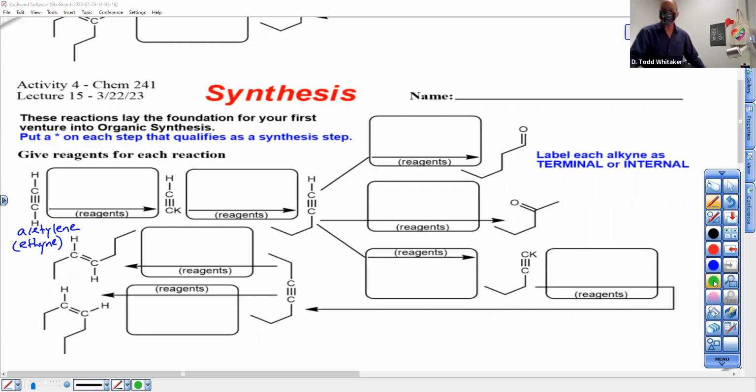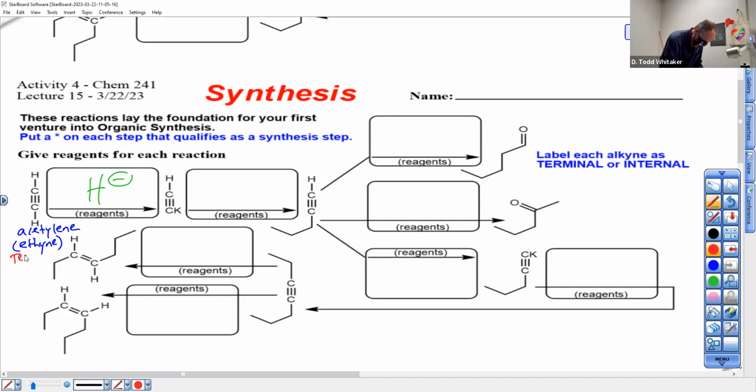You do not need a spectator ion ever for me. You can write H minus. That works. Use H minus every time you want to take the H off of an alkyne. Not any alkyne. An alkyne at the end of a chain called what? A terminal alkyne.